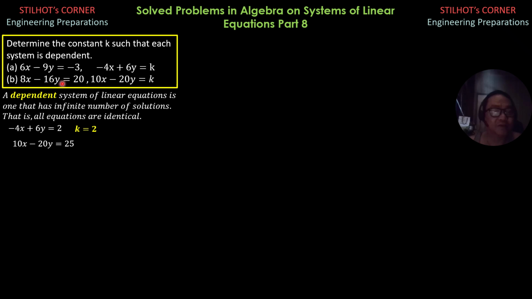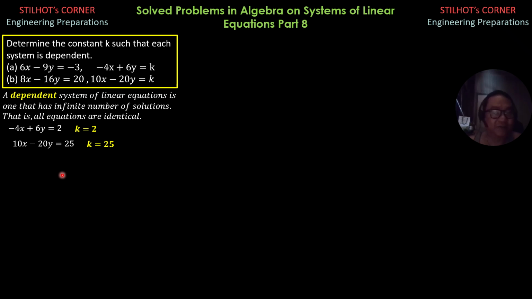So equation 1 after multiplying everything by 5/4 becomes 10x minus 20y equals 25. So obviously k is 25 for that system in part B to be called a dependent system.